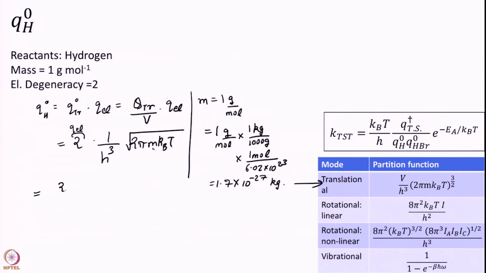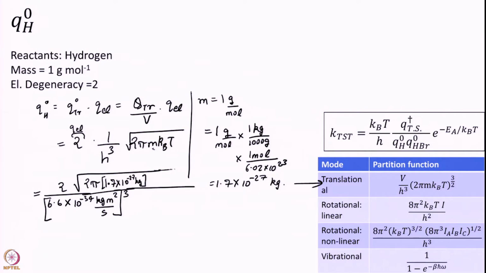So, this is then equal to 2 over h cube, times the square root of 2 pi, mass is 1.7 times 10 to the power of minus 27 kilograms, kB is 1.38 times 10 to the power of minus 23 times temperature.